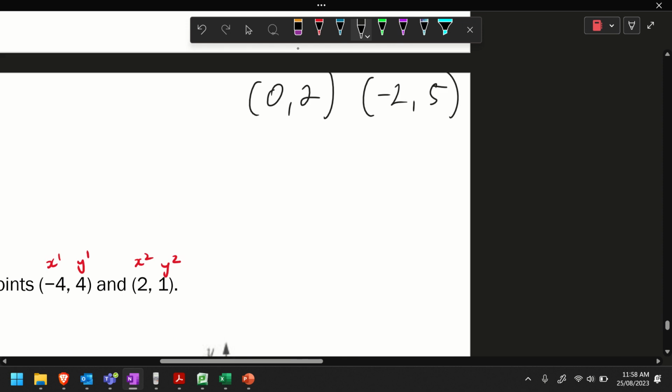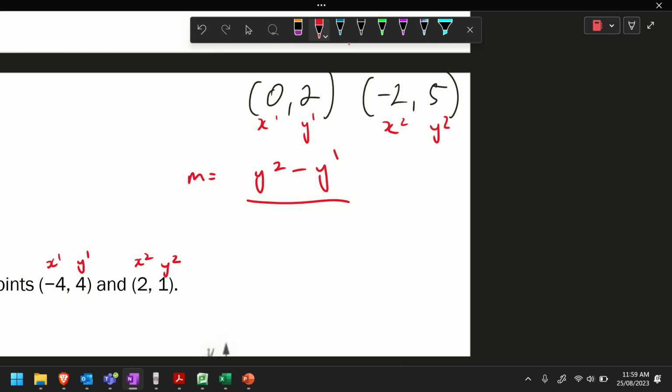All right, so let's go with this as my 2 points. So what you're going to do is label it x1, y1, x2, y2. Remember the formula: y2 minus y1 divided by x2 minus x1. Okay, so in this case, it's going to be 5 take away 2 divided by negative 2 take away 0.